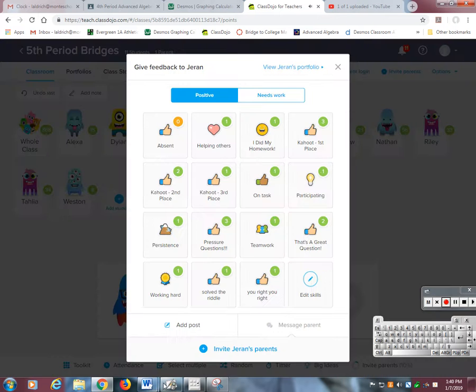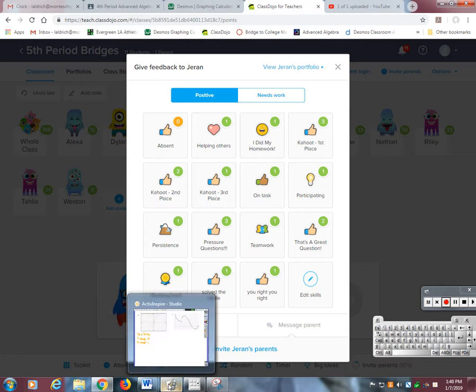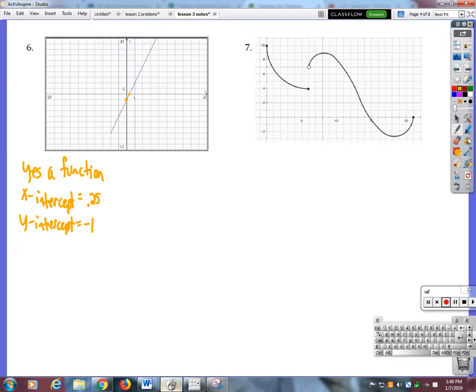Okay, then next is increasing and decreasing. Okay, Jaron, where is this graph increasing? And when I say where, I'm asking for the x values where the y values are going up. I think that's -2, isn't it?